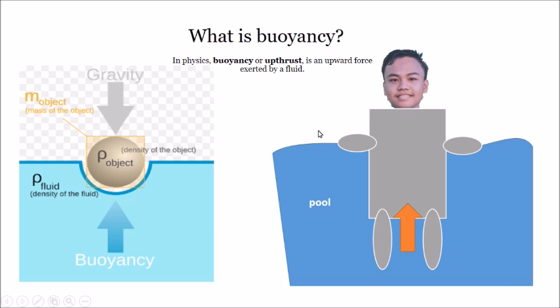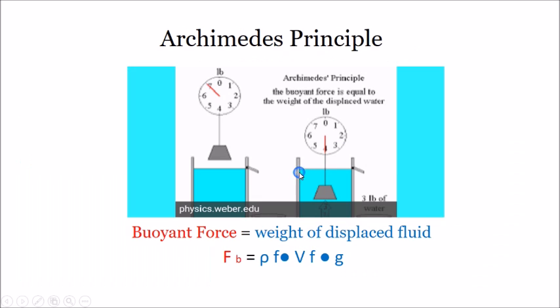So the example that I showed a while ago is parehas lang nito. The water releases force towards this object. It lifts this object up. It pushes this object up, and that force that pushes this object up is known as the buoyant force.